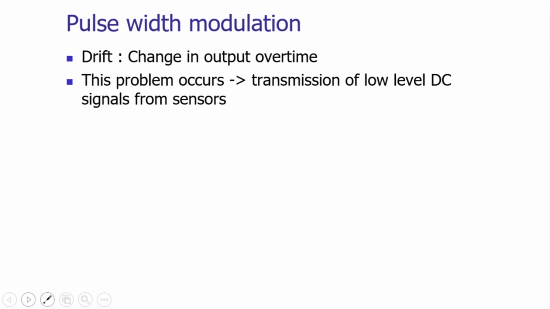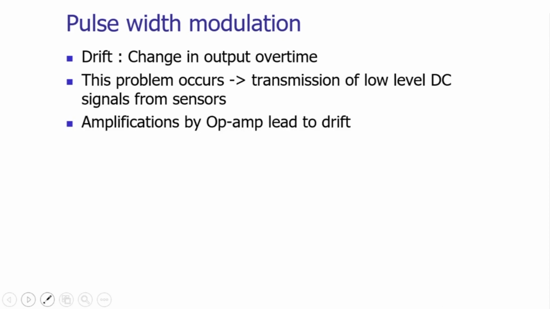So it is expected that we will be getting a constant output from the operational amplifier over a period of time. But we are getting a drift, we are getting an increase in the output signal over the period of time. That is not desired, that is not expected.